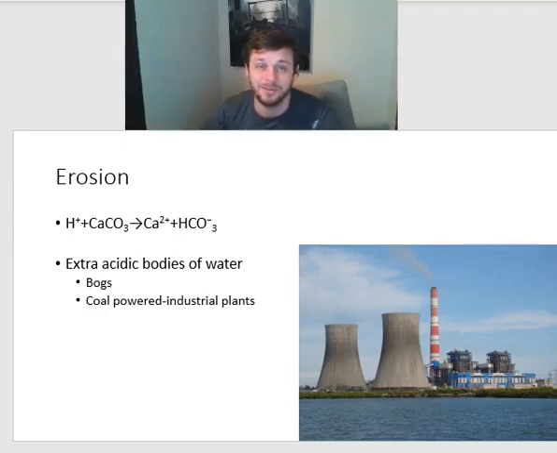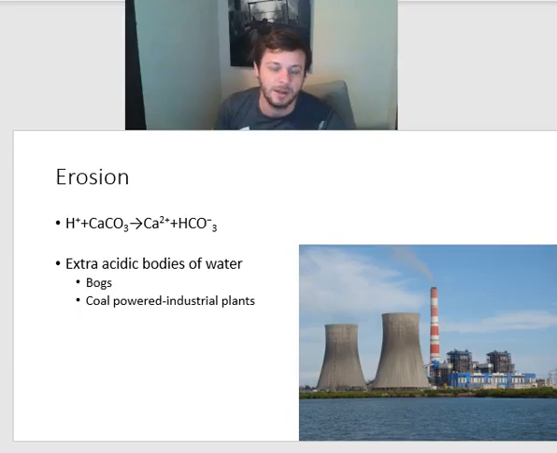We have some naturally really acidic bodies of water, like bogs, especially peat bogs that you find in the UK. Swamps have really high acid contents from the breaking down of the plants in those bogs and swamps. It causes the water to become pretty acidic. But we've also made our own acidic bodies of water with coal-powered industrial plants.